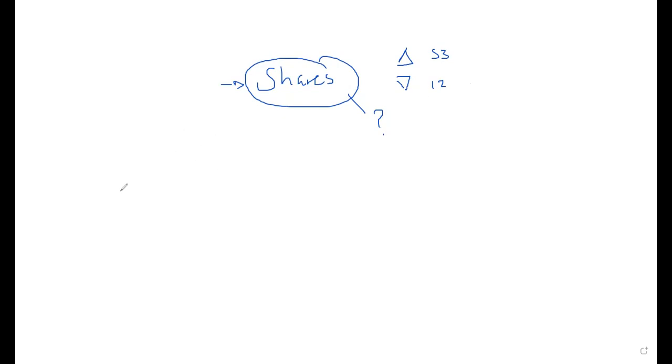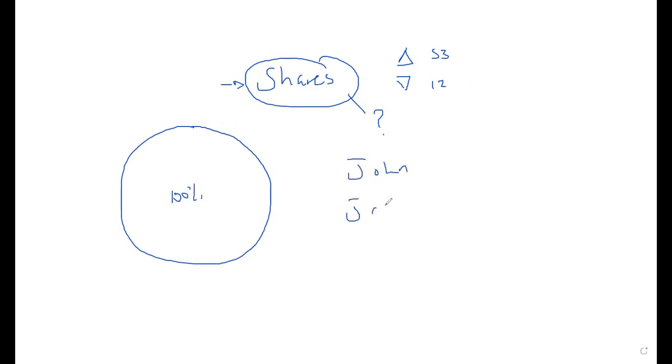So think of it this way. If this is a company, then of course that's 100% of the company. But if this guy called John here and this other person called Jen own this company, then the question is, how much of the company do they each own? In short, their interest in that company.